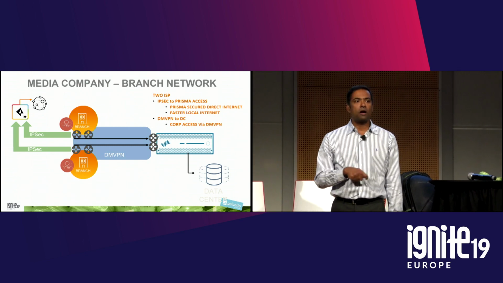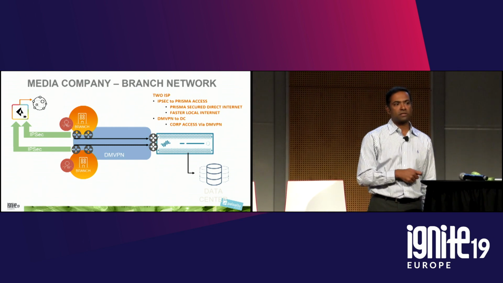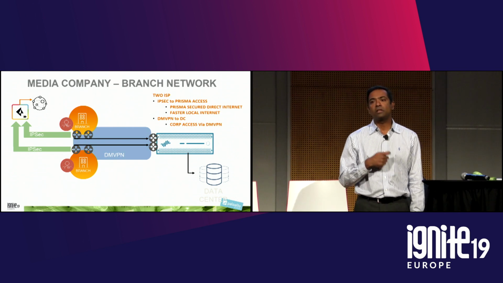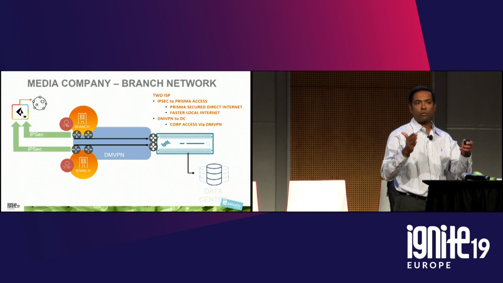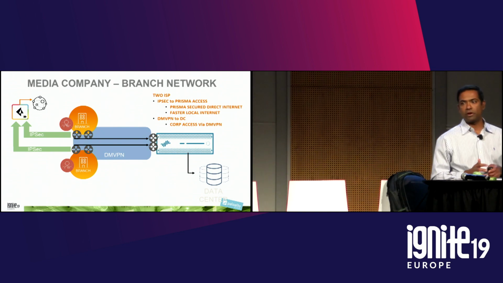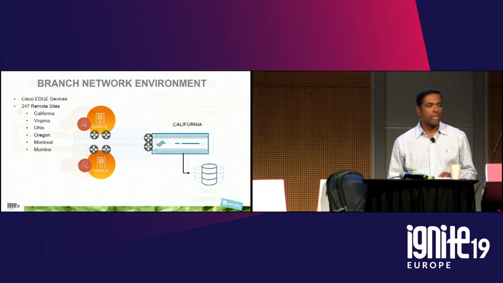Because it is going through the Prisma Access service, they were able to apply all the security policies, so they didn't have to give away any security to provide this fastest path to the internet for their users.